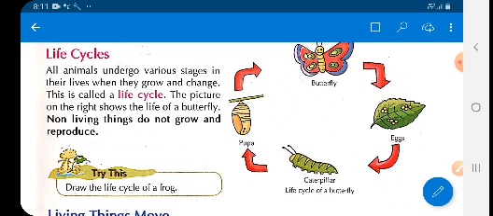So at each stage their appearance is different. At one stage they are exactly different from the other. So during their life cycle they do not resemble any of their stages. So children, this is how they grow at the different stages of their life.